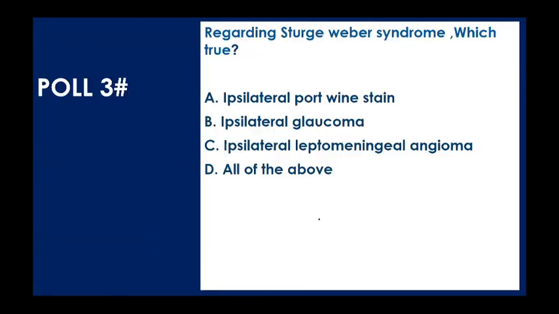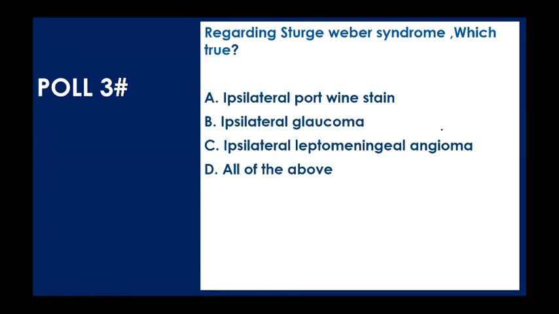Okay, I go for a question regarding Sturge-Weber syndrome, which is true? Ipsilateral port wine stain, ipsilateral glaucoma, ipsilateral leptomeningeal angioma, all of the above. Who knows the answer? Ahmed Ghassan, yes.